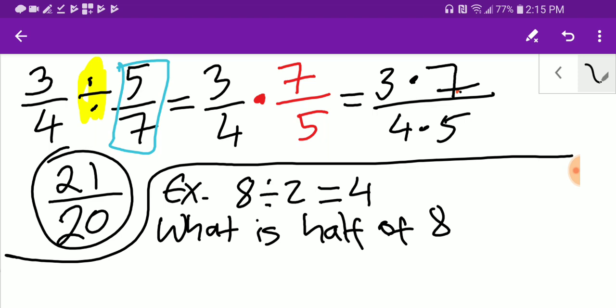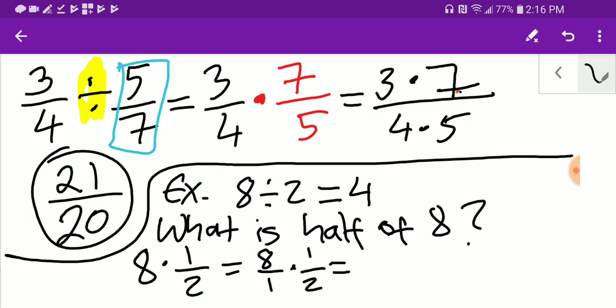Well, that is also 4. Half of 8 is 4. So 8 times 1/2, that is the same as 8 over 1 times 1 over 2. 8 times 1 is 8. 1 times 2 is 2. So 8 divided by 2 equals 4.